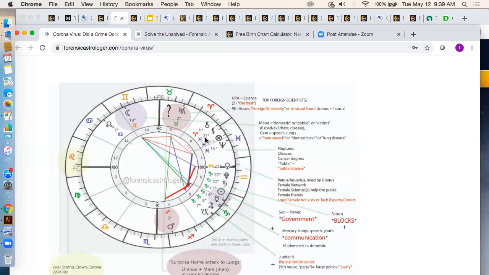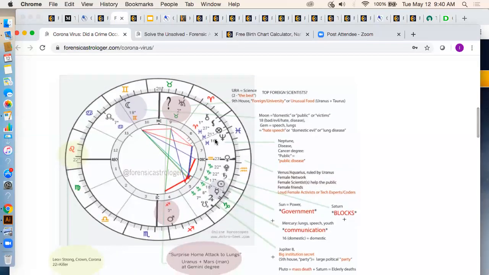And it's in Pisces. So it could be a local water source that they should look at to get more information. I also believe that people may be getting sick because of the water, since point of fortune shows foreign water right here. 21 degrees means foreign, and Pisces means water. So just remember that. I do think that water will come out.